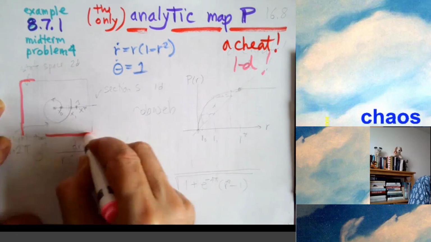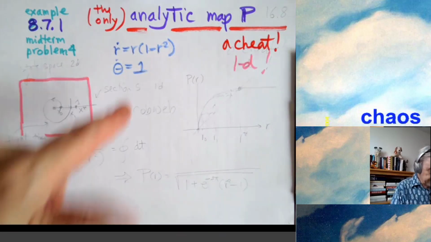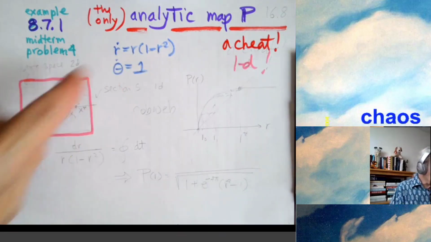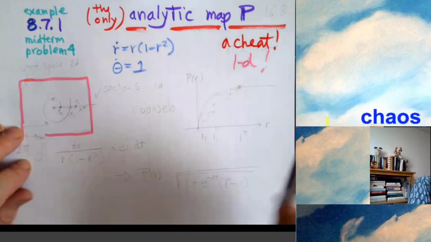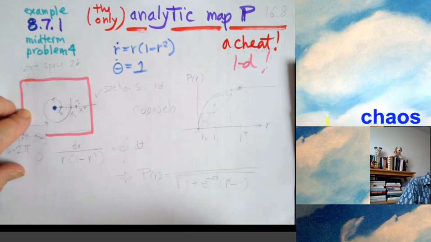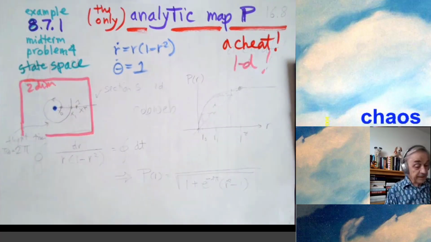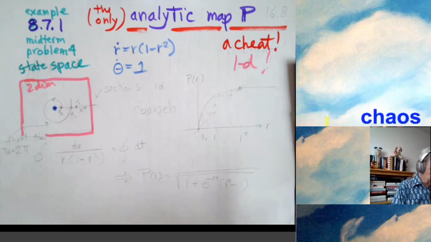It was a plane, arbitrarily large. Origin, which was important because when you go to radial coordinates, there is an origin of radial coordinates. So this is the state space. It's 2-dimensional. That means the Poincaré section should be 1-dimensional.